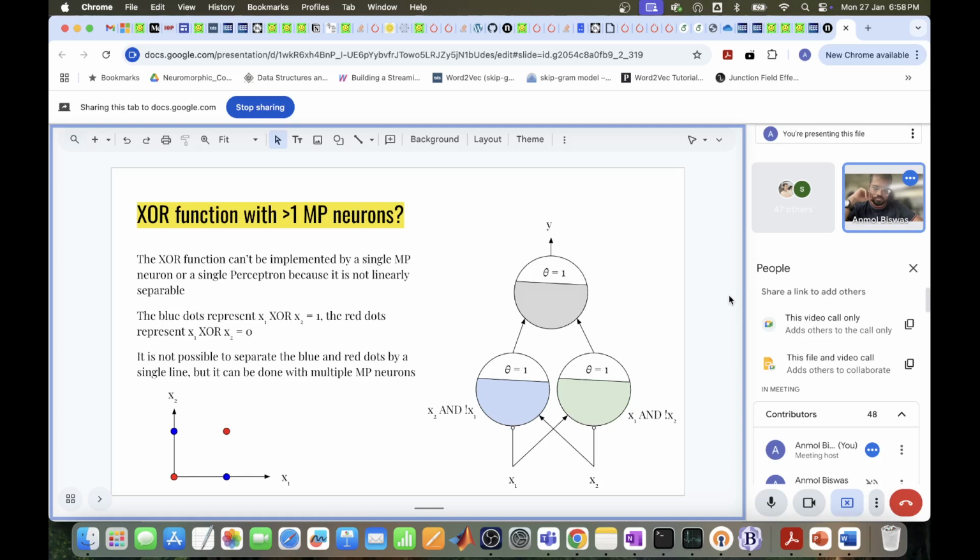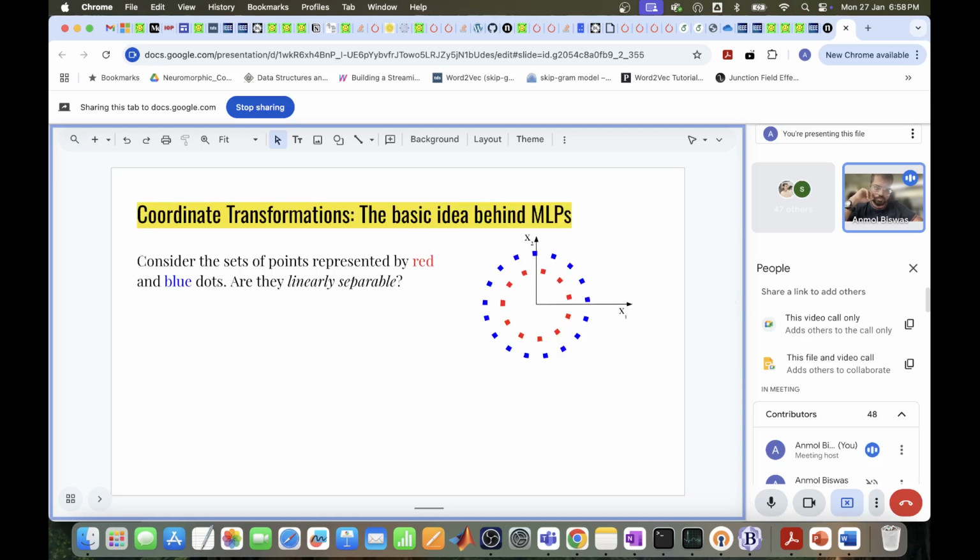So yeah, then we come to something a little bit interesting. This always interests me. It's the idea of coordinate transformation, right?